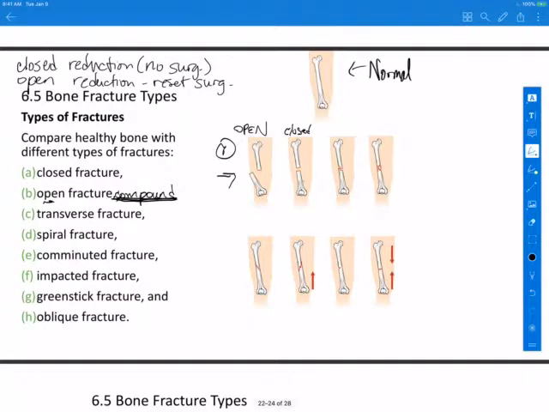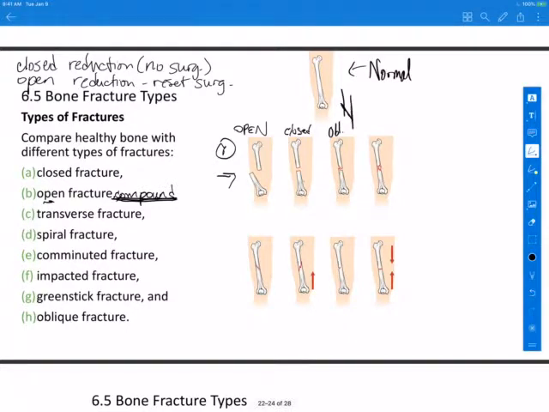The next type of fracture, this one right here, this would be called an oblique fracture. And the reason it's called oblique is because the fracture occurs at an angle that is not 90 degrees. It's kind of a diagonal oblique break.